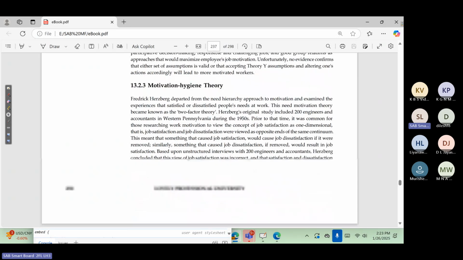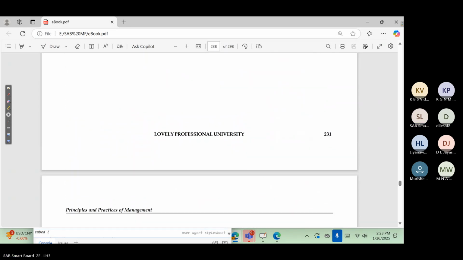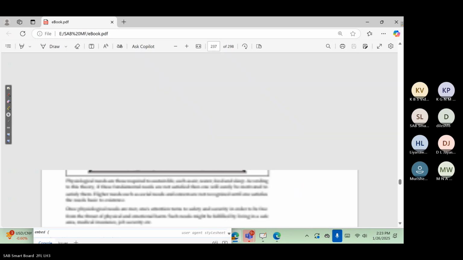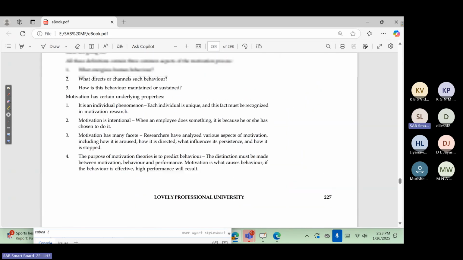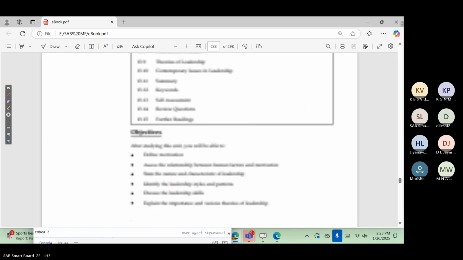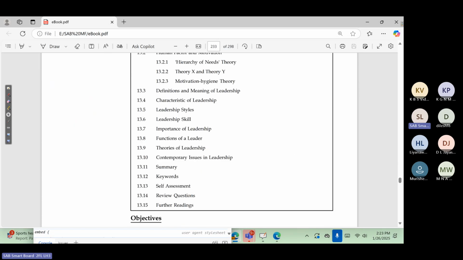Somewhere here, motivation. Both go hand in hand, yes? Leadership and motivation.